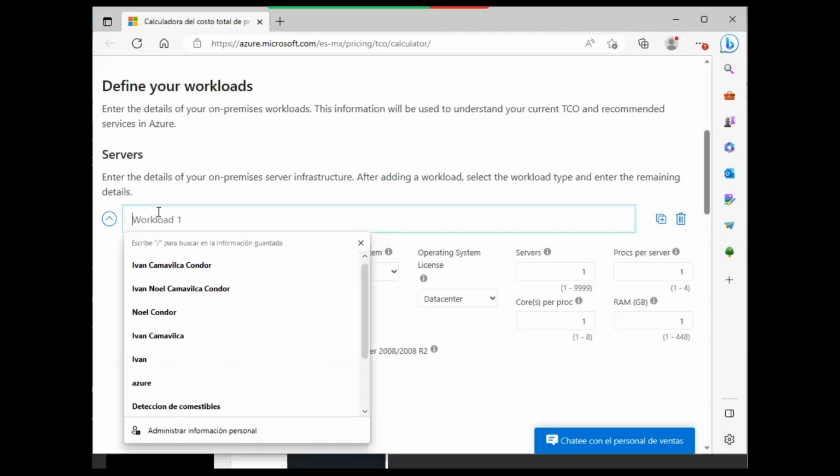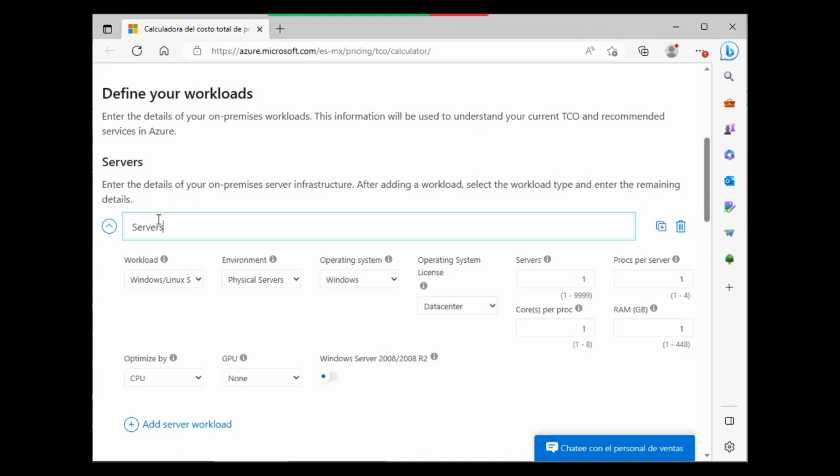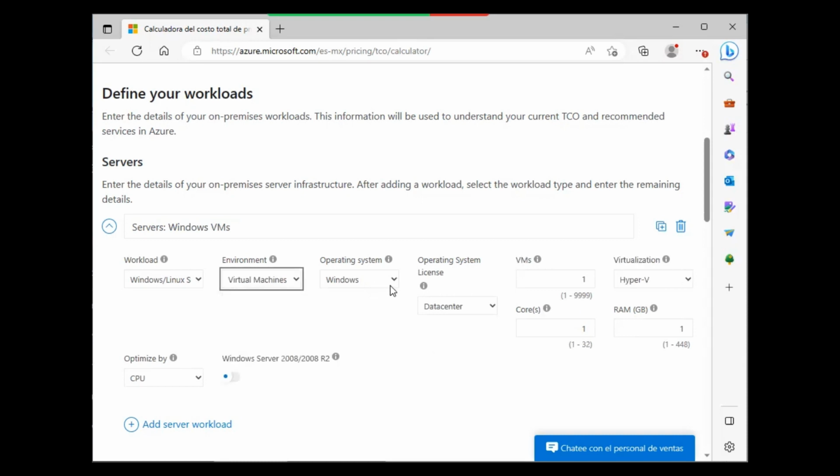For workload, select Windows server. In environment, virtual machines. In operating system, Windows. In VMs, 50. In virtualization, Hyper-V.